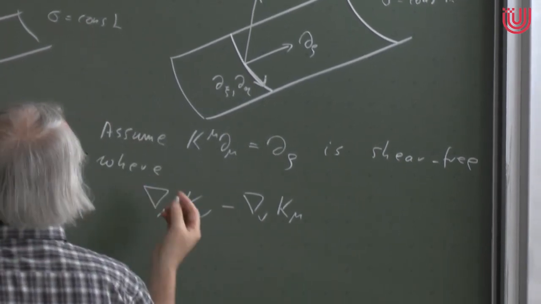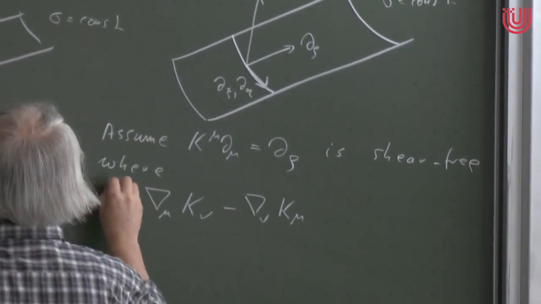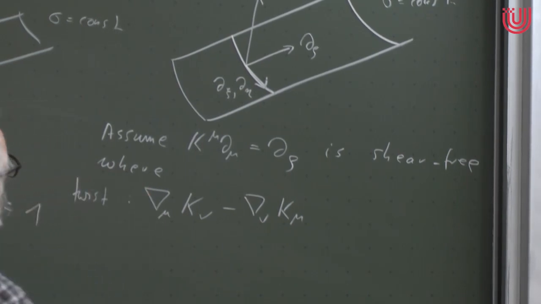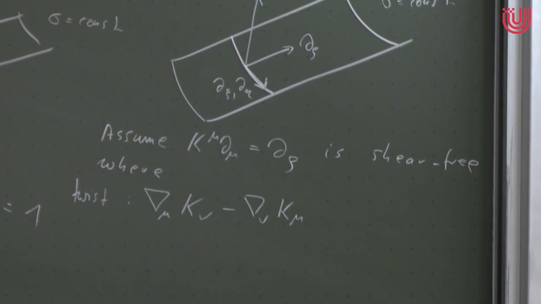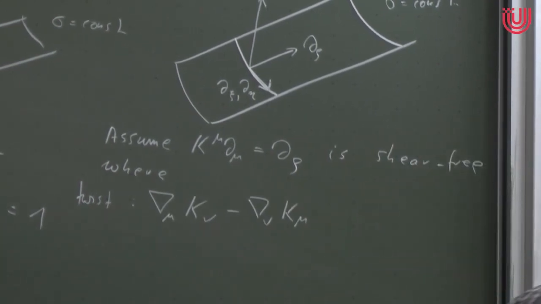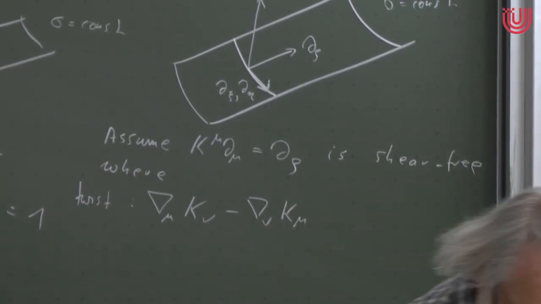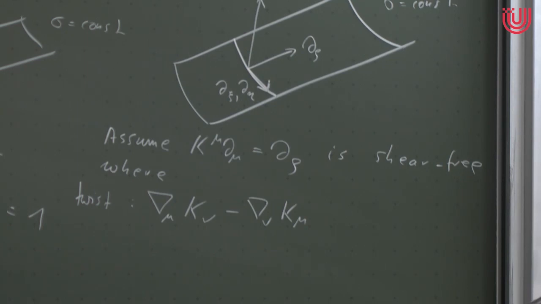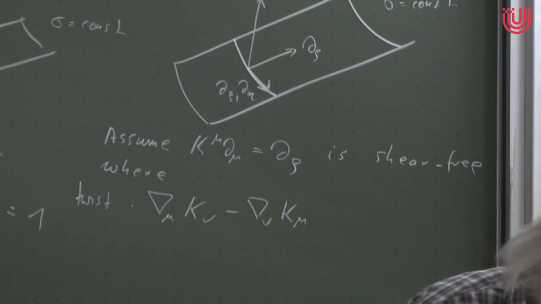this is what one calls the twist of the vector field. And the twist is automatically 0 in this case because my vector field is surface forming. Yeah? This is an identity. The condition of being twist-free is equivalent to being hypersurface orthogonal.